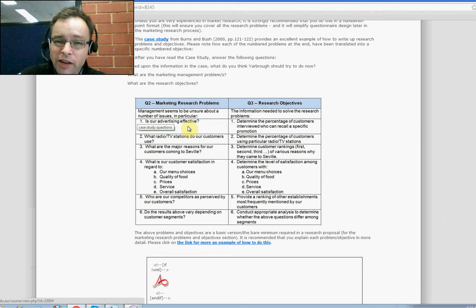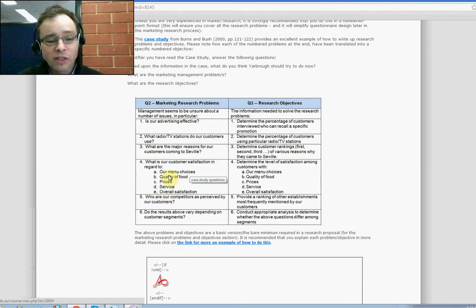So they do a lot of advertising, but they don't know if customers are coming because of the advertising or whether customers would have come even without it. They don't know what the major reasons for coming to the restaurant is. They don't know what customers think in regards to their menu choices, the quality of food, the prices, the service, etc. So there's a lot of things that management is uncertain about.